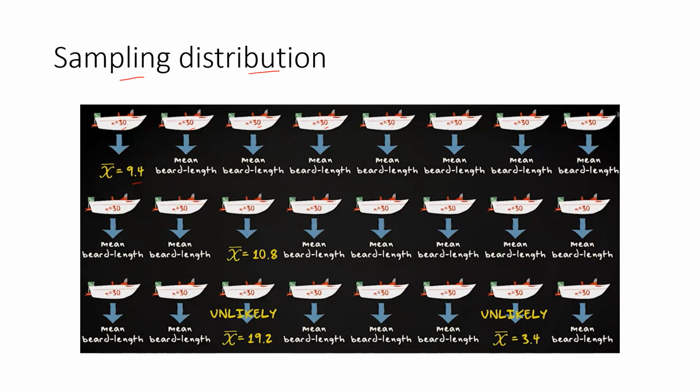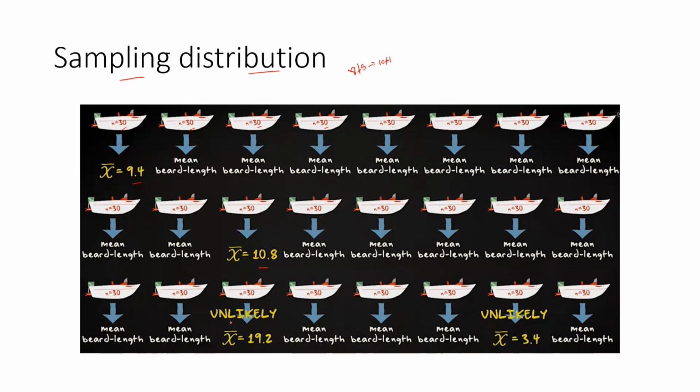In this boat, the population sample is the same, and my mean here is 10.8, right? Looking at these people, we can figure out that my mean should be nearly about 9.4 or 10, or it should range between 9 to 10 or 11, or 8 to 9 or 10 to 11.